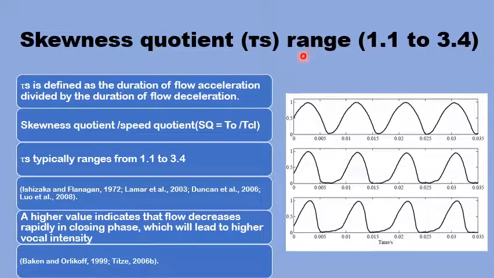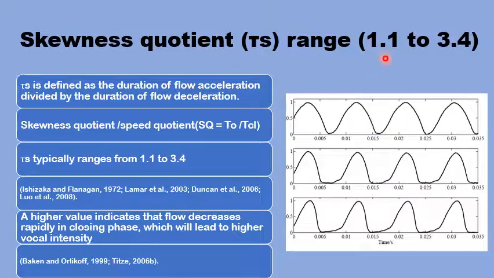This skewness quotient, which is defined by the duration of the acceleration divided by the duration of the flow deceleration, ranges between 1.1, where the two are almost equal, the duration of the acceleration and the duration of the deceleration, to 3.4 when the opening phase is as much as 3 times the duration of the closing phase due to the abrupt closure of the vocal folds.